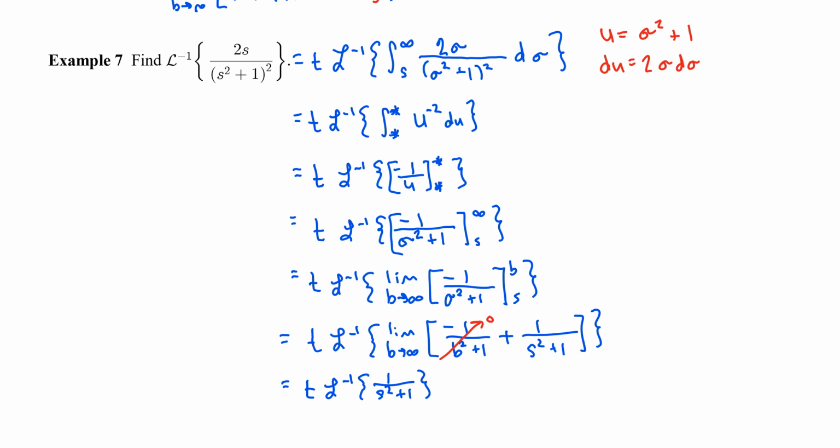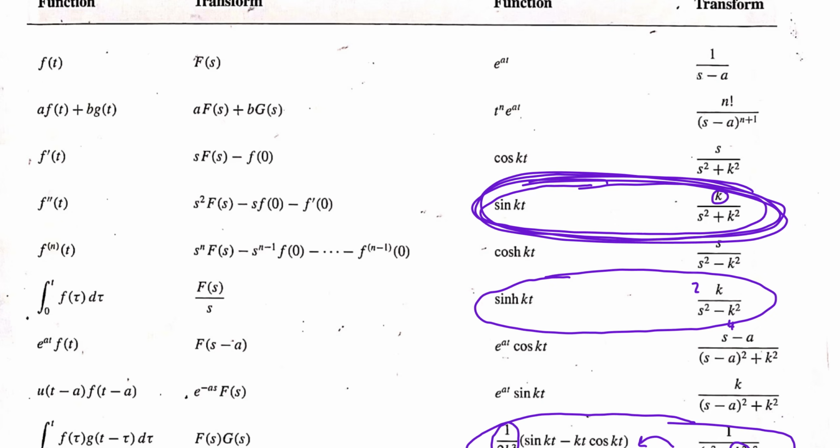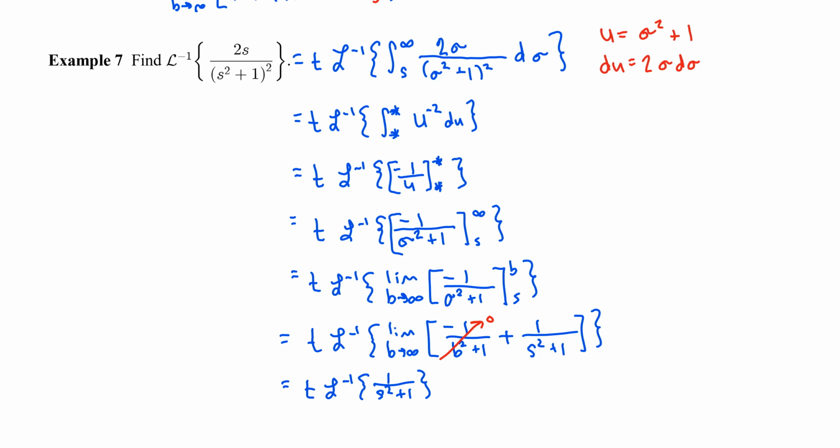Okay, looking at our table of Laplace transforms, 1 over s squared plus 1, we're picking on this sine formula, is sine of kt, or sine of t. So our inverse Laplace transform then is t sine of t.